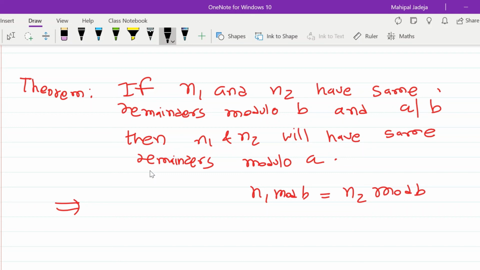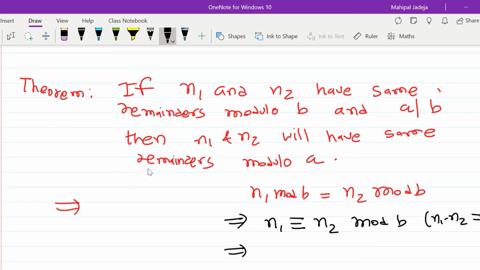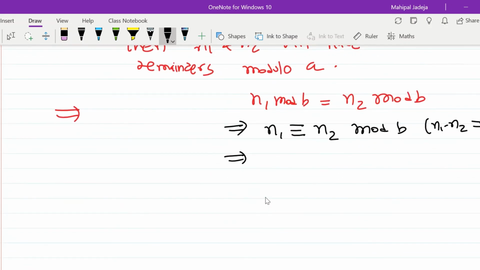So in other words, I can write the same fact like this: n1 congruent n2 mod b. In other words, I am saying that n1 minus n2 is multiple of b, right? Some k is here, right? So that means I can say that b divides n1 minus n2, right?